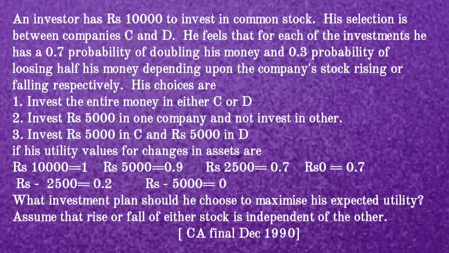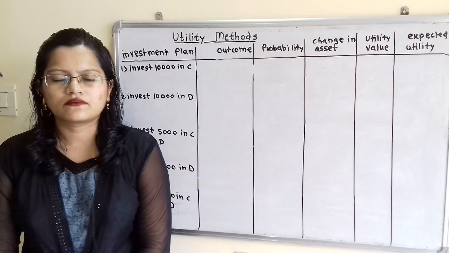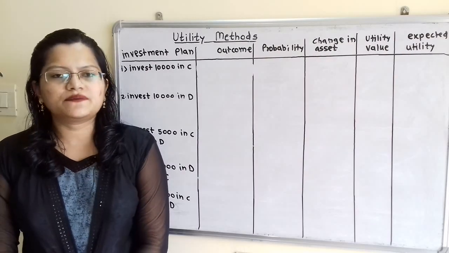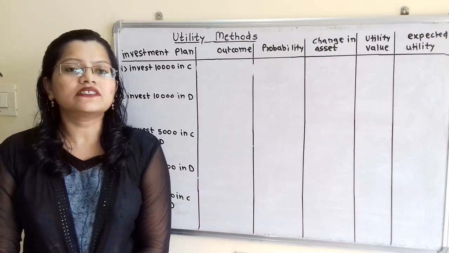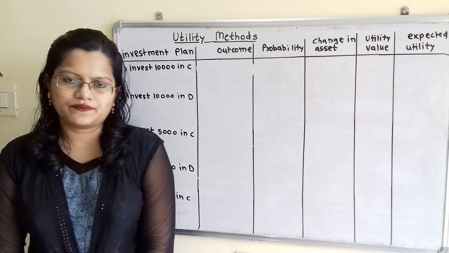What investment plan should he choose to maximize his expected utility? Assume that rise or fall of either stock is independent of the other. This question was asked in CA Final December 1990. This question is based on the second method, standard gambling technique.